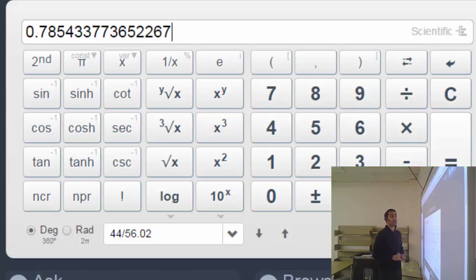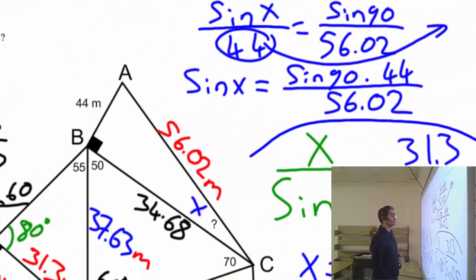I'm going to round this to the nearest 10,000. So 7854. The fifth number is 3, which is less than 5, so I'm not going to add one extra, and my answer will be 0.7854.